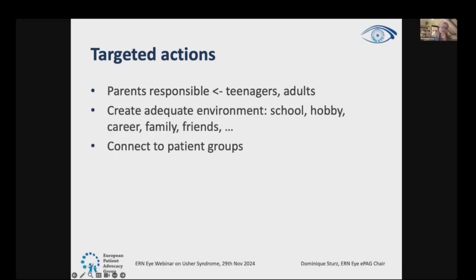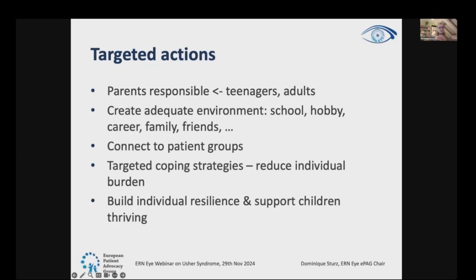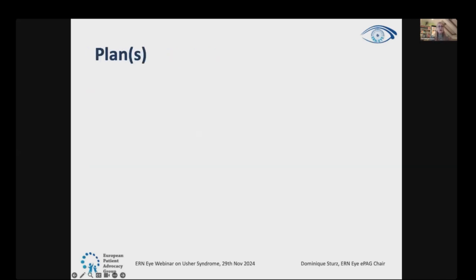So they also can, in a very targeted way, connect to the patient groups or build some, as I did, for example, or many other examples out there. They can go for targeted coping strategies and reduce the individual burden for themselves, their family, and their child. They can build individual resilience to be able to support their children thriving.